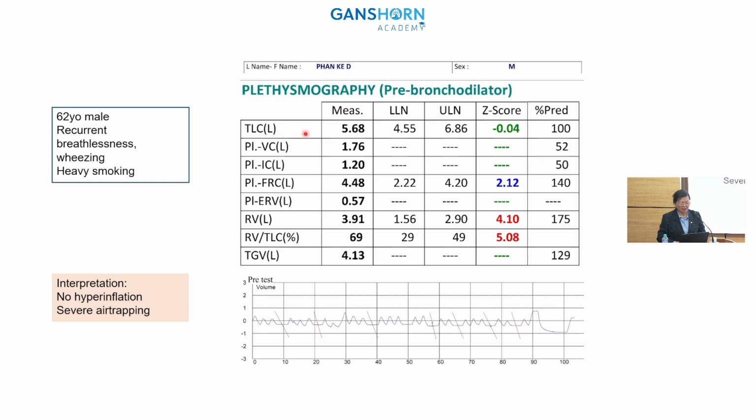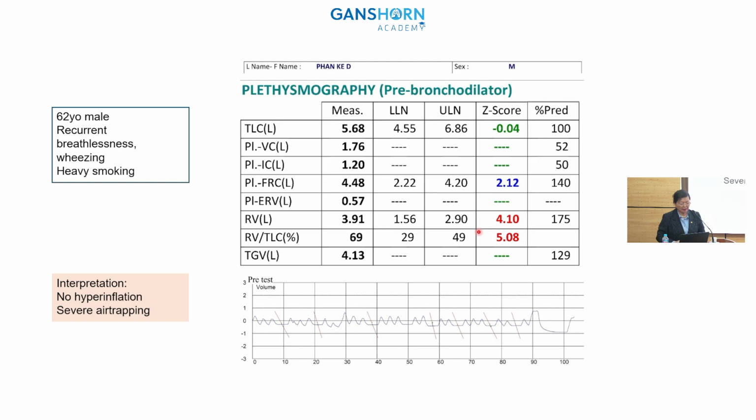The total lung capacity here is with normal Z-score. So there is no restriction. It is a very different conclusion if you go only by spirometric test. You see restriction, but on plethysmography, there is no restriction. So the conclusion, there will be no restriction.